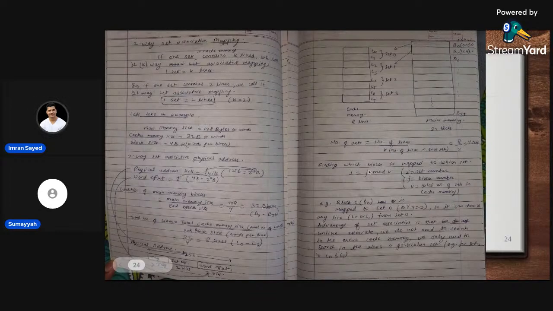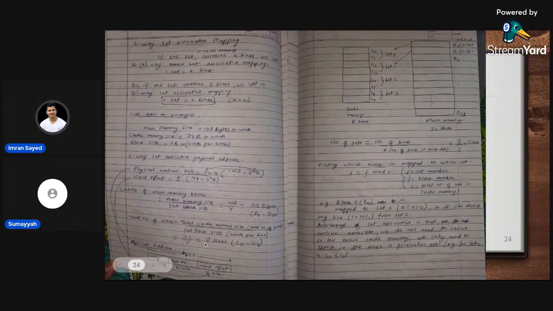So total becomes 32 blocks. So B0 up until B31 makes a total of 32 blocks. Then total number of lines equals total cache memory size, total number of words divided by each block size, which is words per line.